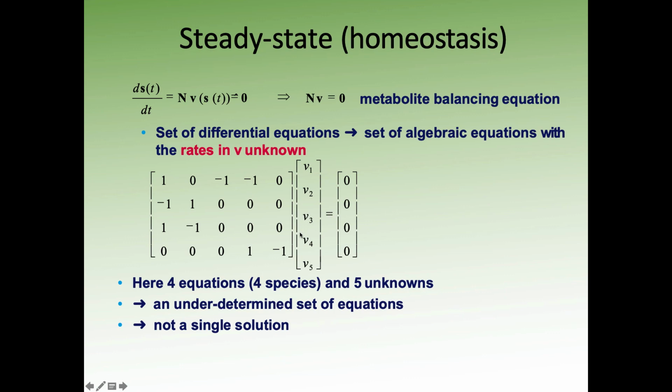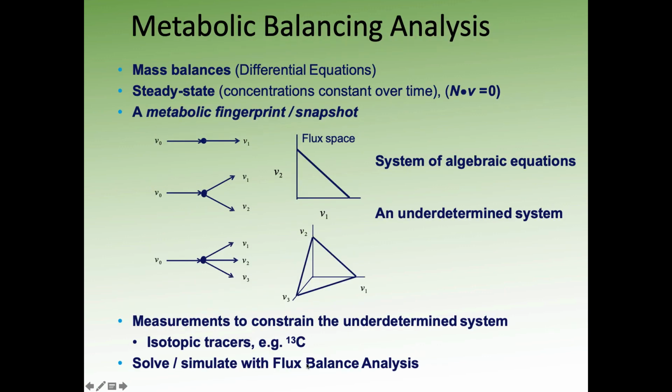One of the things that's important to note here is that there's not a single necessary solution for this. There could be multiple solutions to this type of question. And so what this ends up allowing us to do is to conduct a certain type of balancing analysis. What happens when this system is at a steady state?